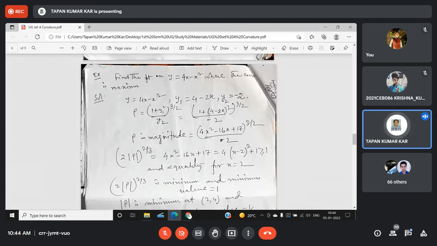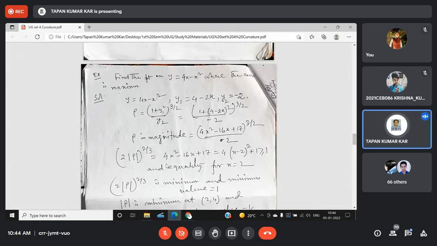So it is taken 2 by 3 so that its roots are eliminated. So the right hand side becomes 4x square minus 16x plus 17. That is written equal to 4 into (x minus 2) whole square plus 1, as you have done this in your quadratic equation in plus 2 level. Maximum value and minimum value of any expression ax square plus bx plus c.